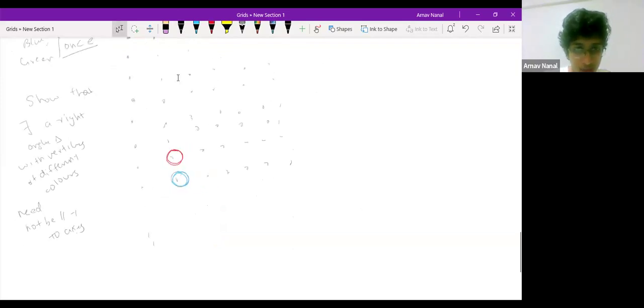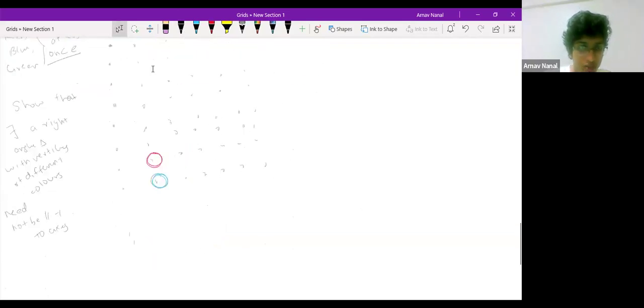This is the y-axis, this is the x-axis. Did everyone understand the problem? Nice.